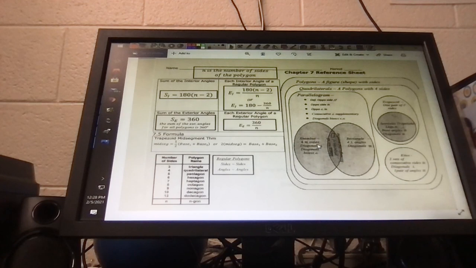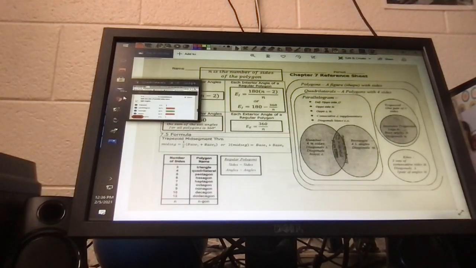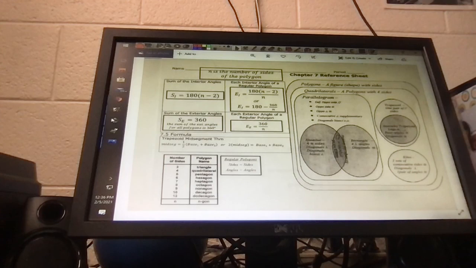But the definitions are important. So the definition right here is 4 congruent sides. A square does have 4 congruent sides, but the definition that goes with 4 congruent sides is a rhombus. All right, so let's go over these other ones.